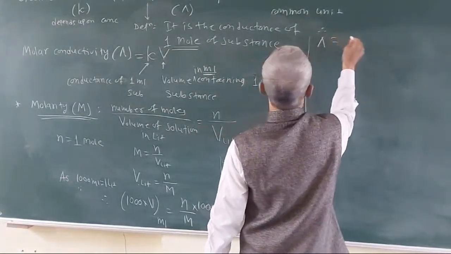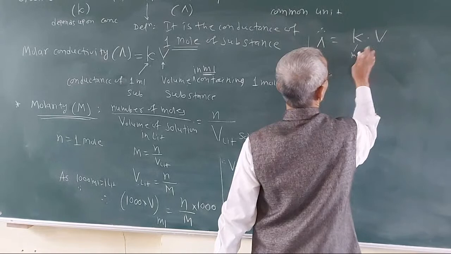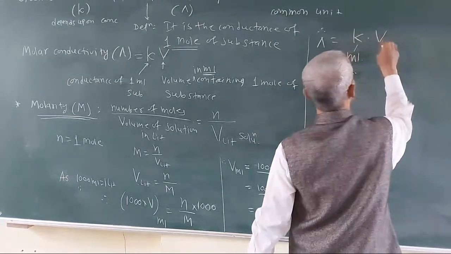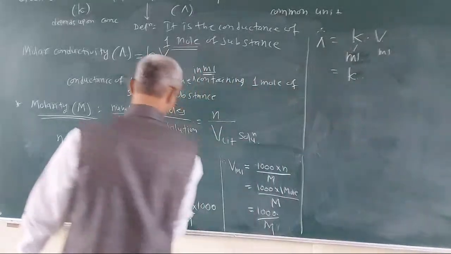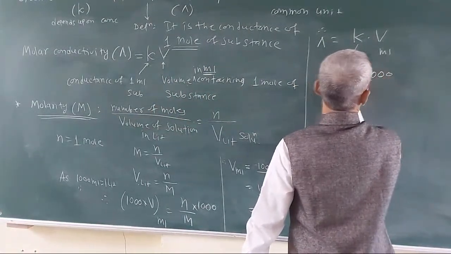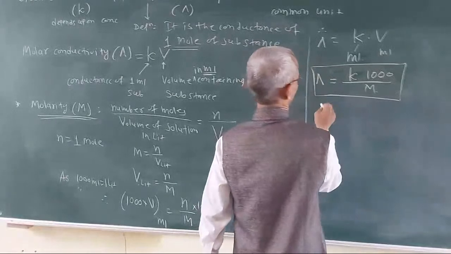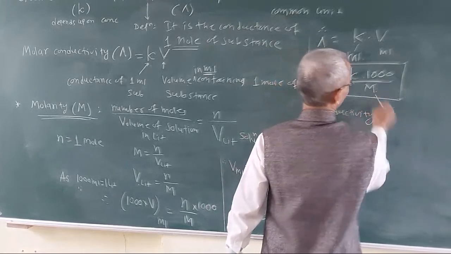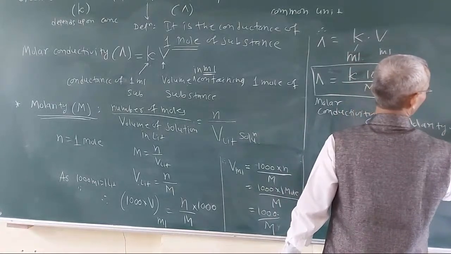It is equal to, as you know, kappa, the conductivity for 1 ml, the conductance of 1 ml, into V, which should be in ml, that is 1000 upon M. This is the molar conductivity, and M is the molarity of the solution of the electrolyte.